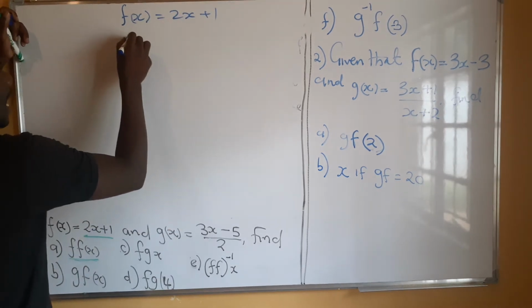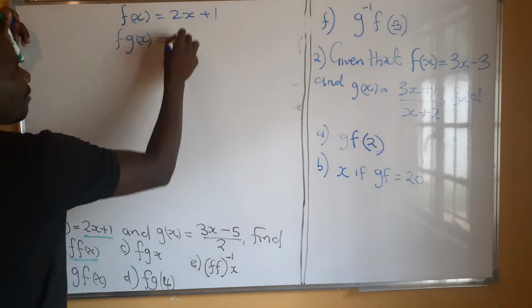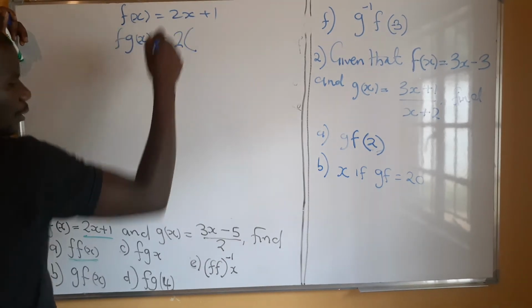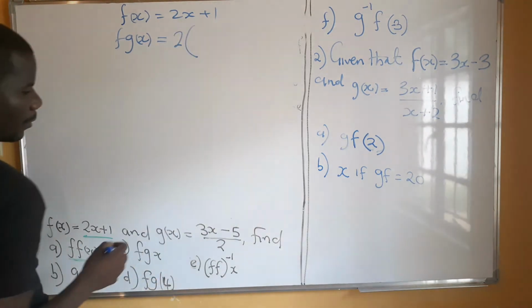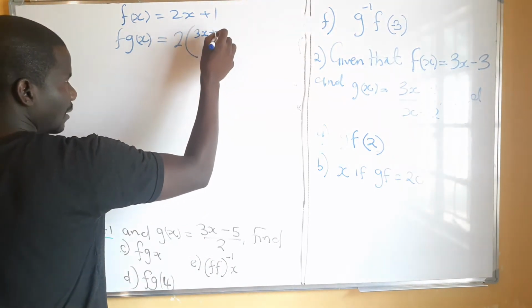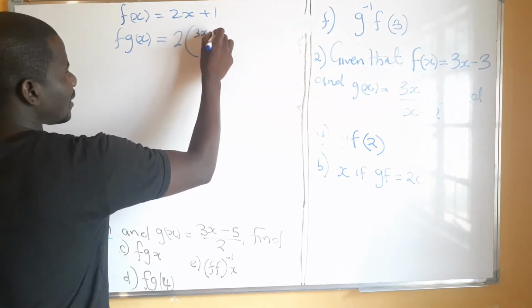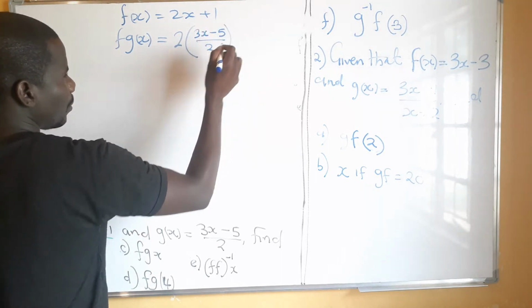So g is now coming into f. Where there is x here, we're going to put g. Where there is x, what are we going to put? We are putting g. And g is what? 3x minus 5 over 2.